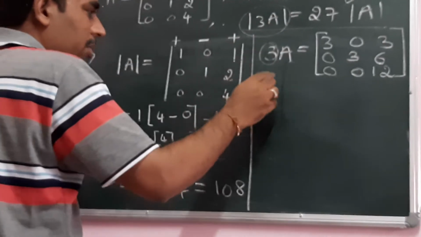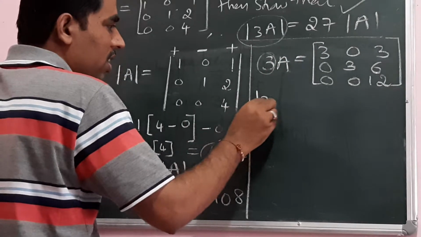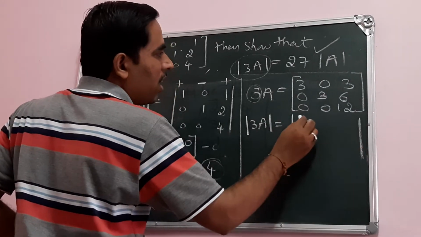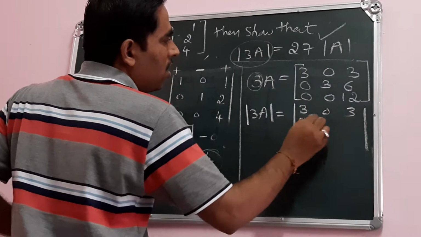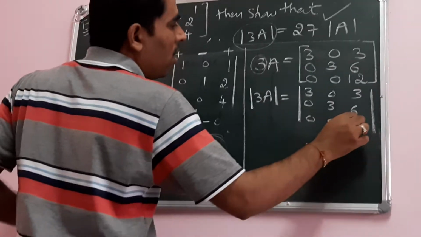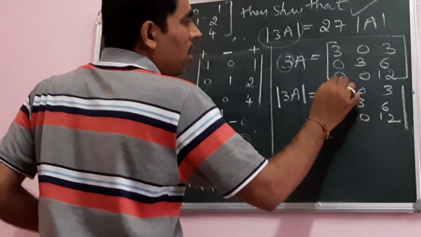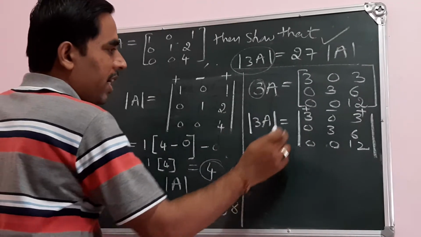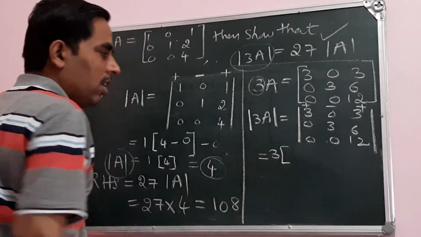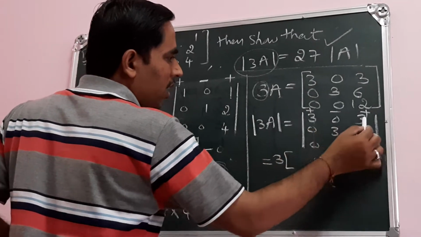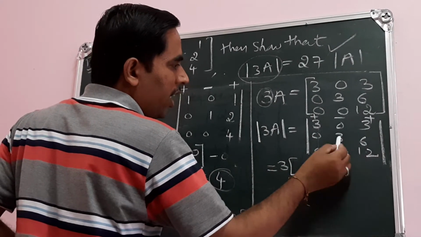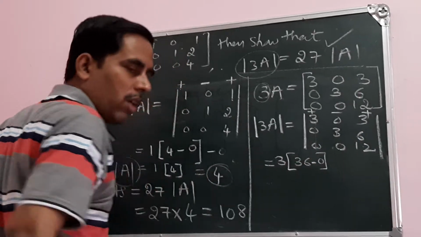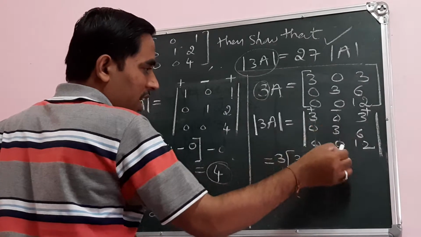Then I want the determinant here. The corresponding determinant for this matrix, the determinant of 3A, is 3 0 3, 0 3 6, 0 0 12. Once again I will consider the first row and expand: plus 3 into, you leave this column and this row, so 3 6, 0 12 is left over. 12 into 3 is 36, minus 6 into 0 is 0. Minus 0 into anything will be 0.